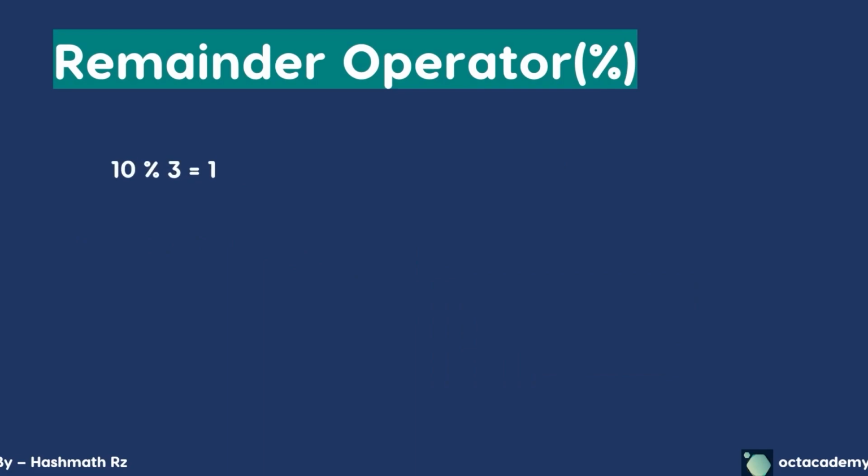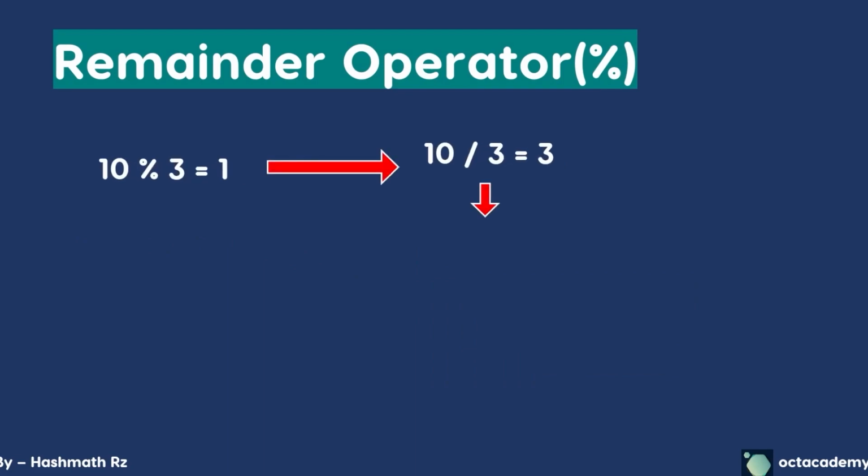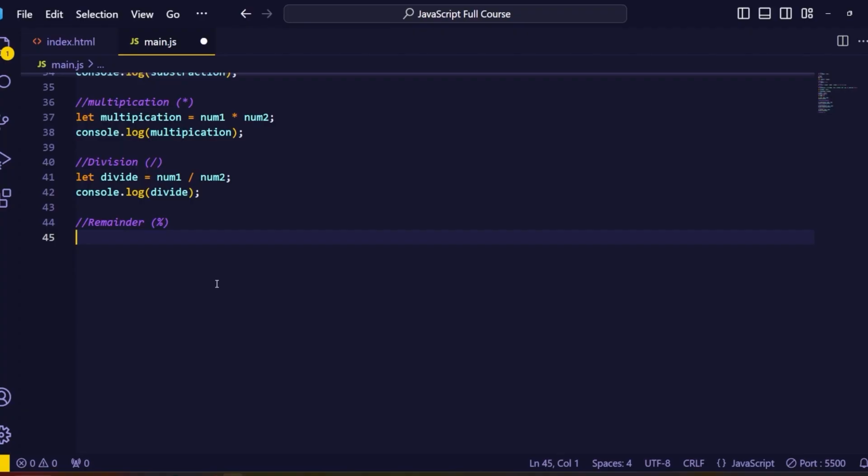In our example, it divides 10 by 3 and finds the nearest whole number, which is 3. Then it multiplies 3 by 3, and the result is 9. The remainder is the difference between the original value 10 and the product 9, which is 1. So this is what this remainder operator does. Hope you guys got the idea.